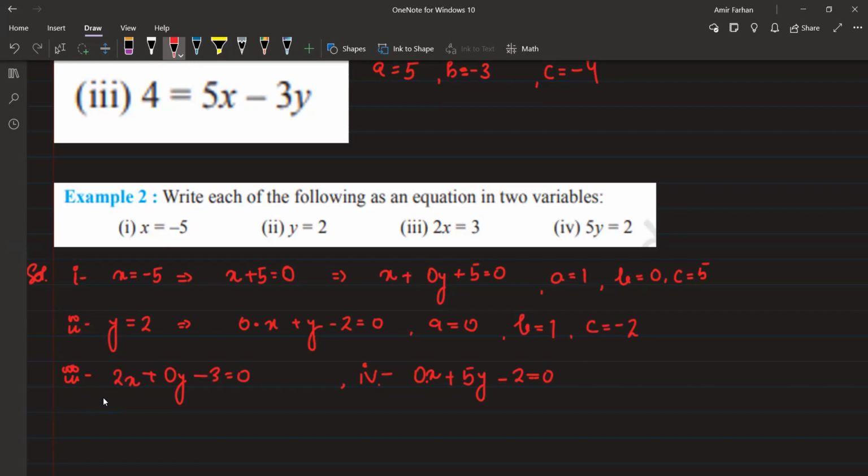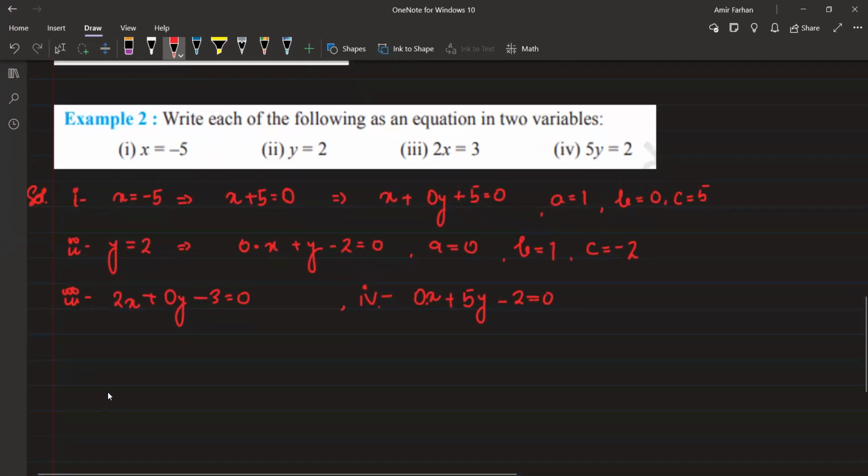Now the third one: A equals 2, B equals 0, and C equals minus 3.